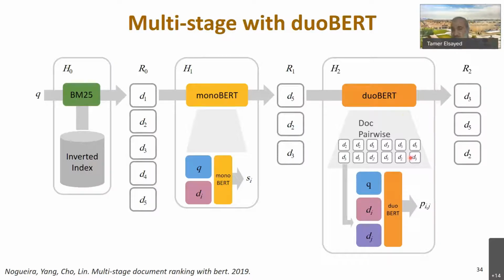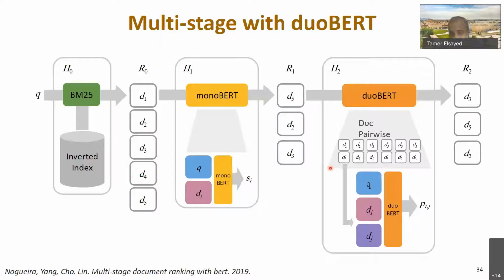Of course, we will talk about the details of duoBERT next, but that's the idea. We use BM25, then monoBERT works on this list, and then we take a shorter list, the top of the ones that monoBERT re-ranked, and re-rank them to produce the final output.